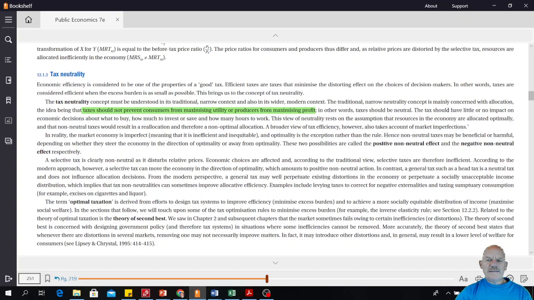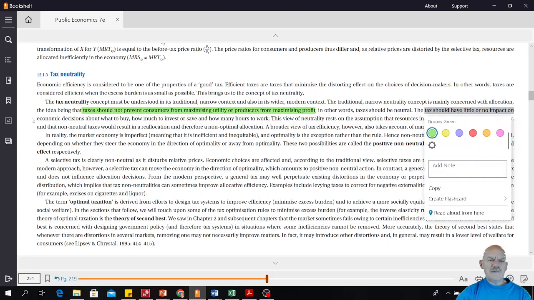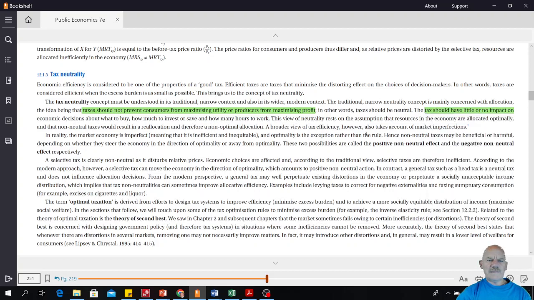So the tax should have little or no impact on economic decisions about what to buy. So when do decisions change? If relative prices change, then people will switch away from one good to another. We'll move away from the more expensive good towards a cheaper good, and then behavior has changed.